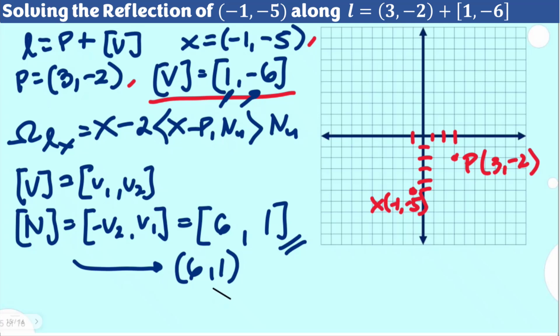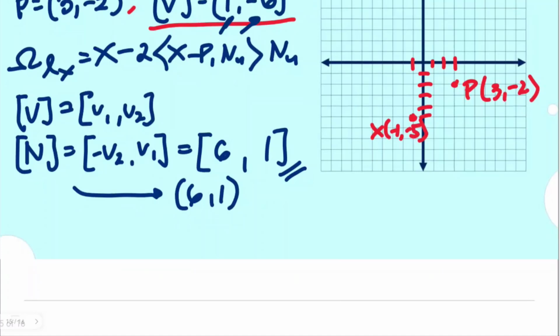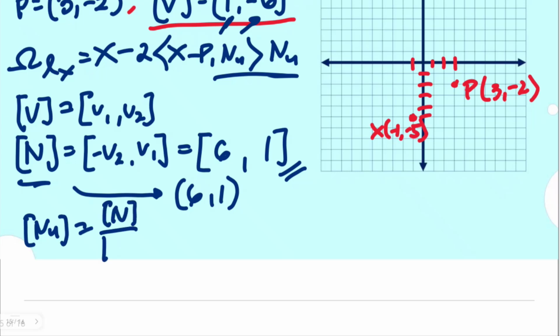By the way, I haven't provided yet the unit normal vector, right? Let me return first to the unit normal vector, because the normal vector will not be applied here. It's the unit normal vector. So the unit normal vector is the normal vector over the length of the vector.